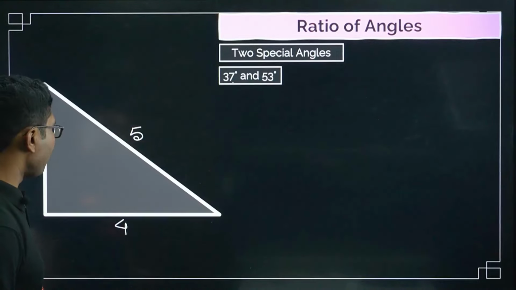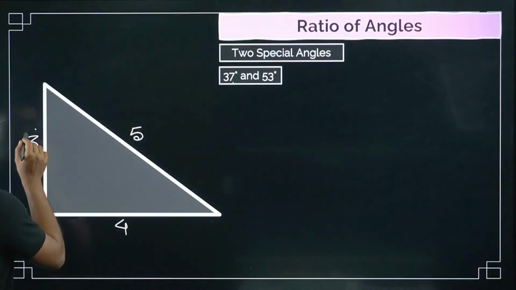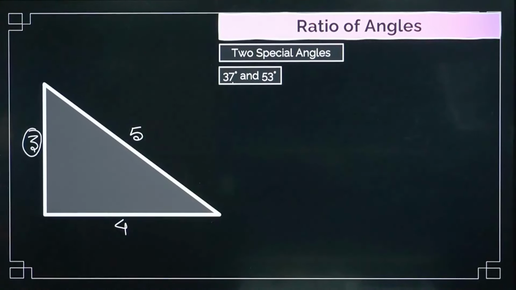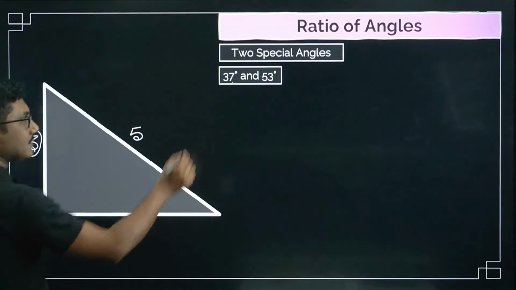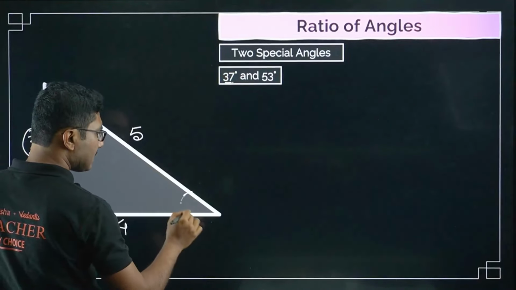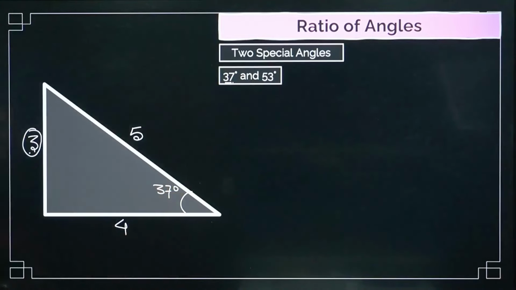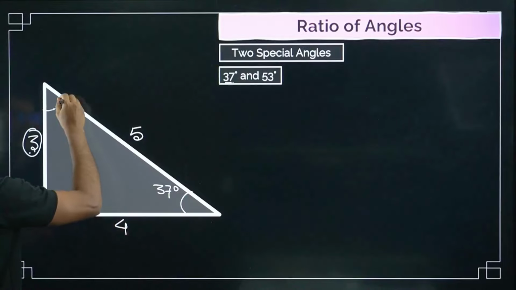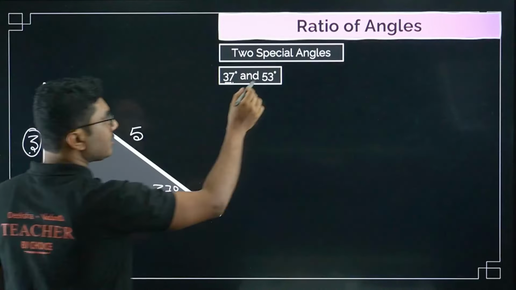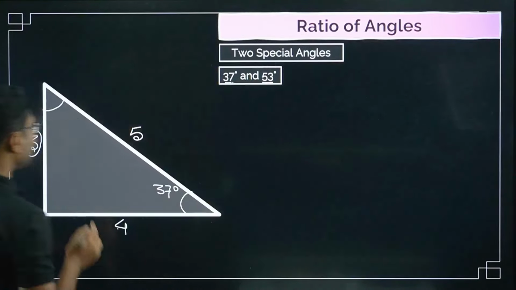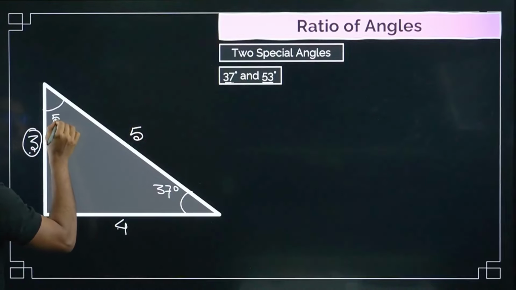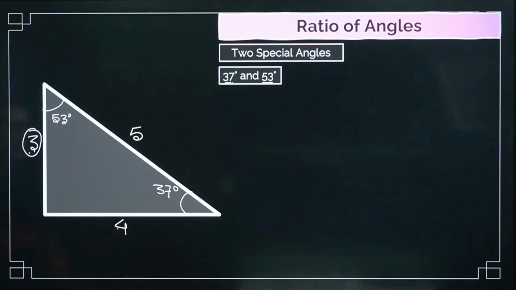That is also very, very important. The angle opposite to the smallest side is the smaller angle, that is 37 degrees. So 37 degrees is the angle opposite to 3, and as you have guessed correctly, the angle opposite to 4 is 53 degrees. Okay, so this is 53 degrees.